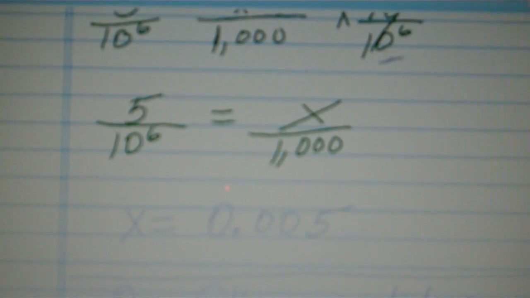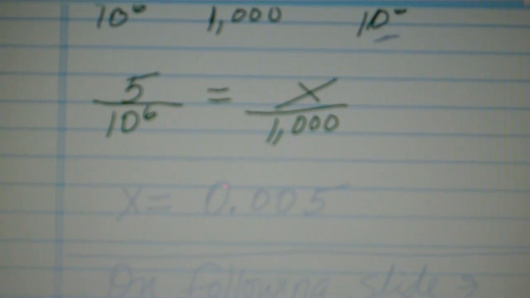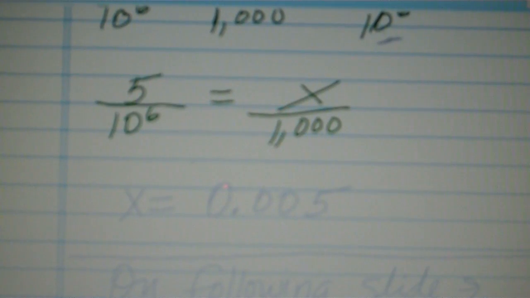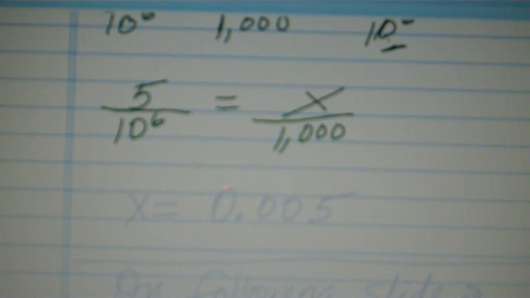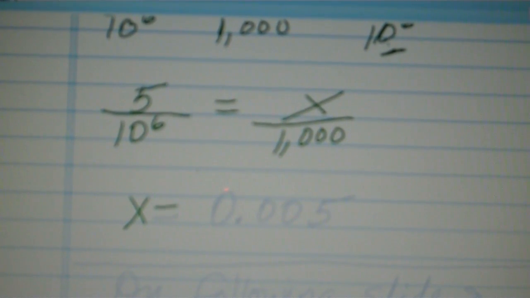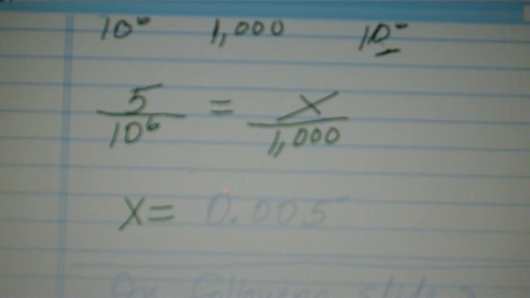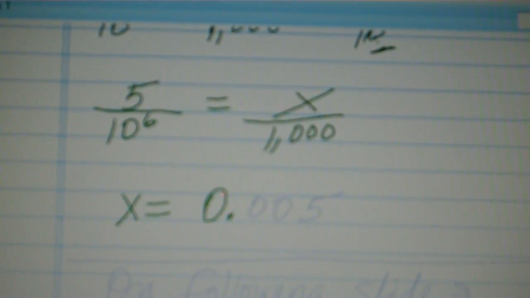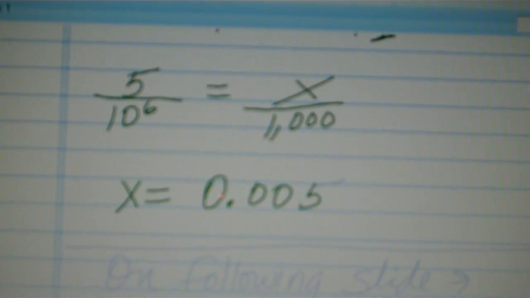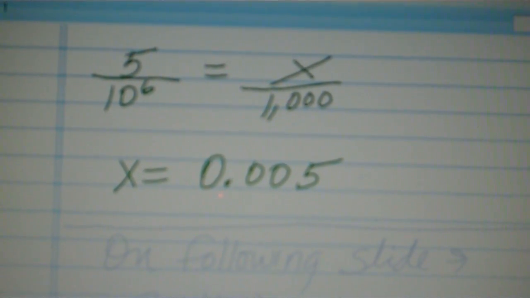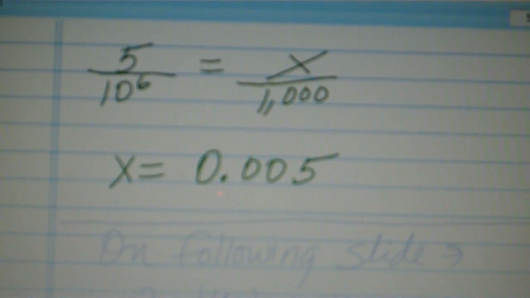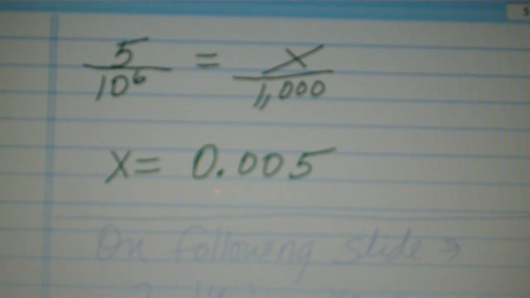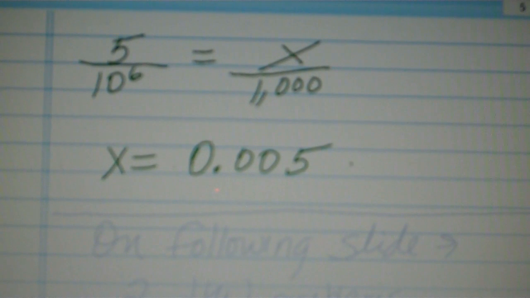So now you can cross multiply and solve for X. It's much easier this way when you get rid of that million on this side over here. And you're left with X equals 0.005, which in this case, if you look at the sample problem, that is answer number 1.